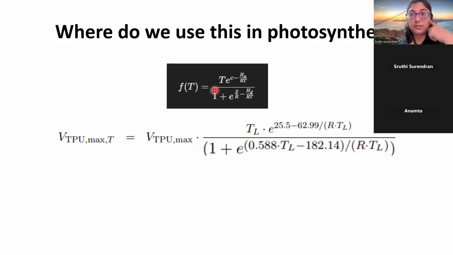Now, in photosynthesis, particularly in C3 photosynthesis, we use this equation in finding the TPU rate.